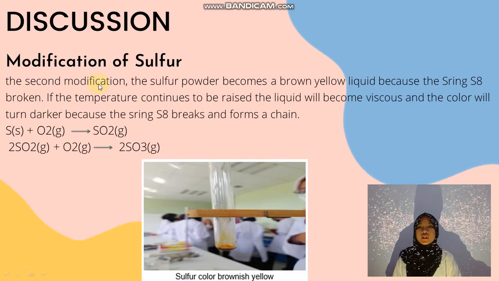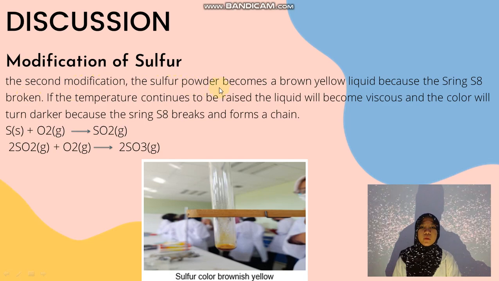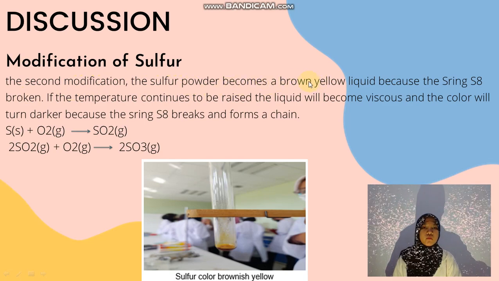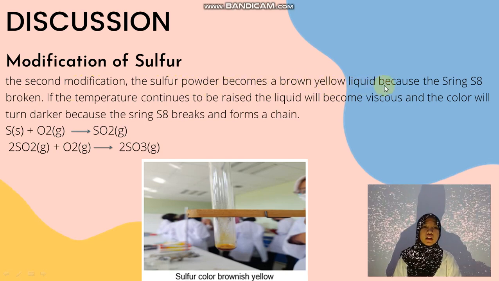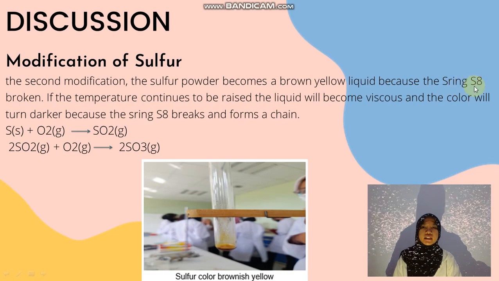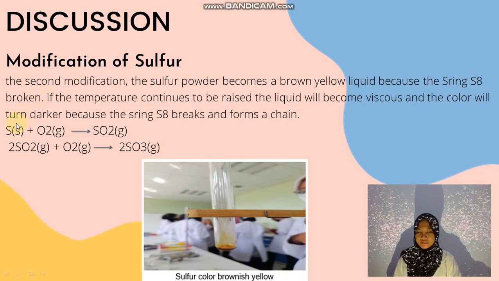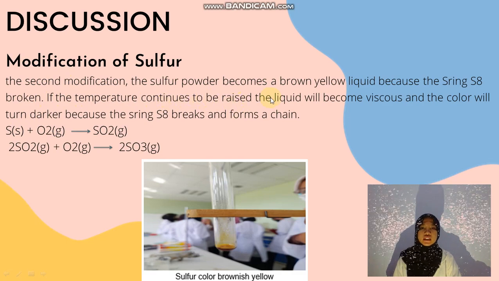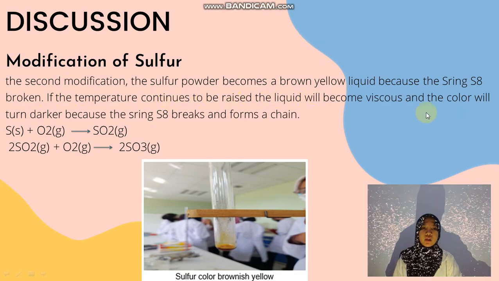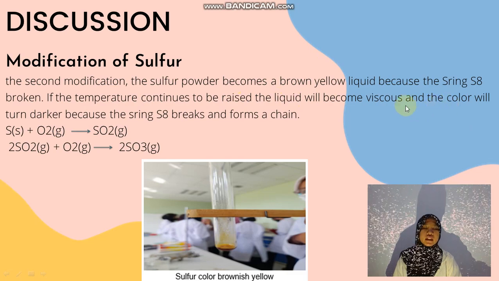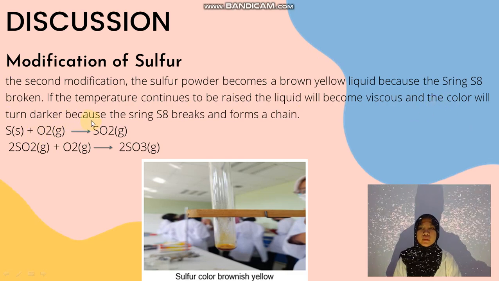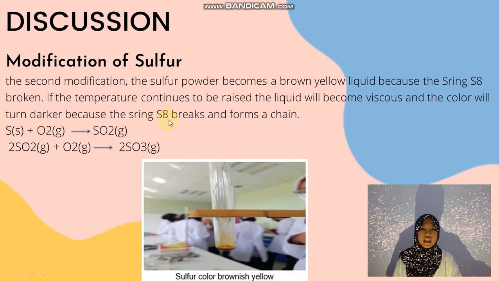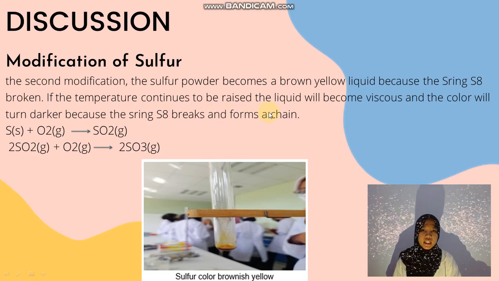The second modification: the sulfur powder becomes a brown-yellow liquid because the ring has broken. As the temperature continues to be raised, the liquid will become viscous and the color will turn darker because the S8 rings break and form a chain.